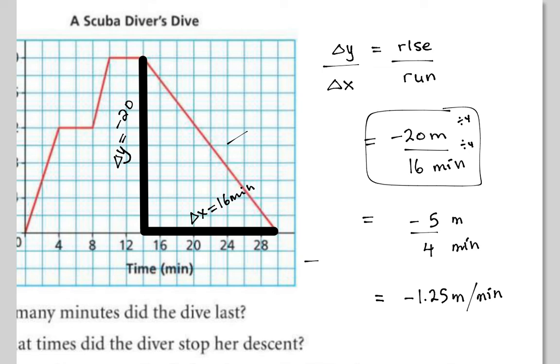Is this line very steep? No. But if you did a really short time frame and you covered a whole bunch of distance, how fast are you going? A lot faster. You see how steepness on a distance time graph will indicate how fast you're going? Lots of distance in a short amount of time. Not a lot of distance in a long amount of time. That's speed. That's rate of change.